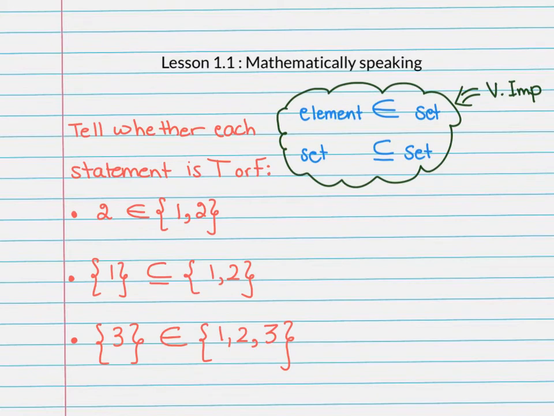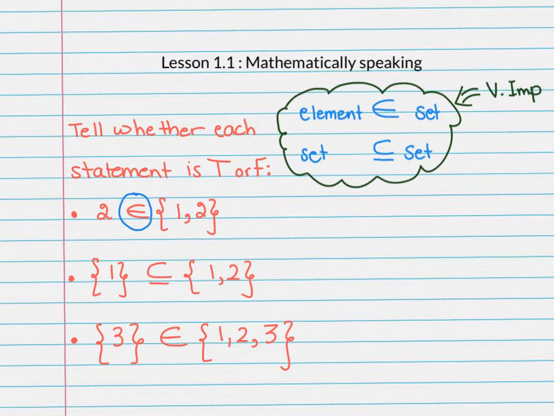Tell whether each statement is true or false. Let's start. 2 belongs to a set 1, 2 that has two elements 1, 2. First of all, we check. We are using here the symbol belong. And belong, to use it, we should have an element with a set.